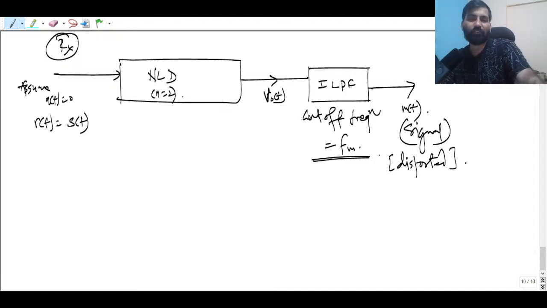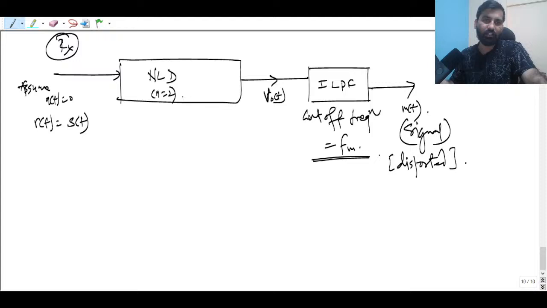That will come from the filter also. The filter here I'm using is an ideal low pass filter, but can we always have an ideal low pass filter? Can we design it? Can we realize it? No. We are just talking about the ideal low pass filter for convenience. Because some part of the M square T components also comes at the output of the filter.